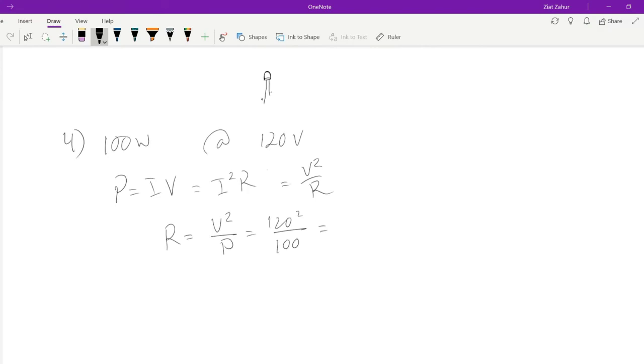All right, so what is 120 squared over 100 watts? 120 squared divided by 100. This gives us 144.